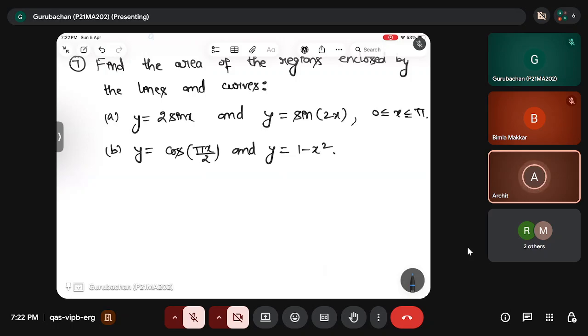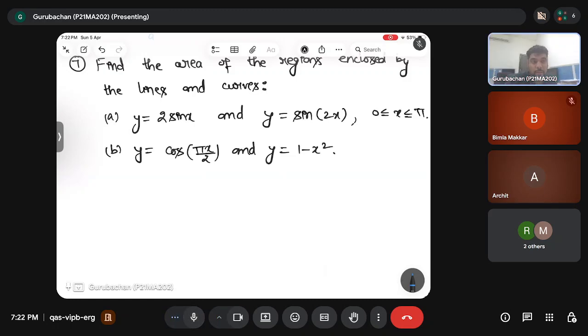Sir, 3 plus 4 root 3 by 2. Of the first one, yes, sir. 4.